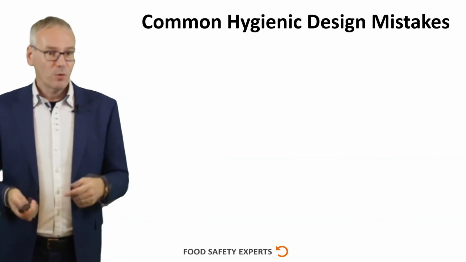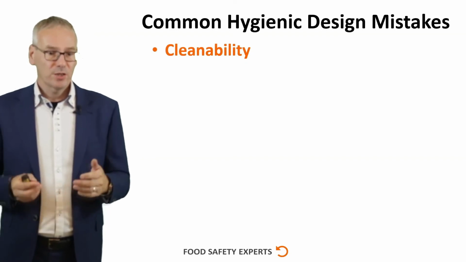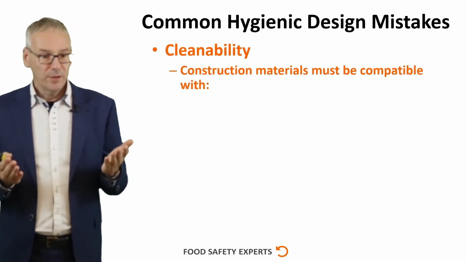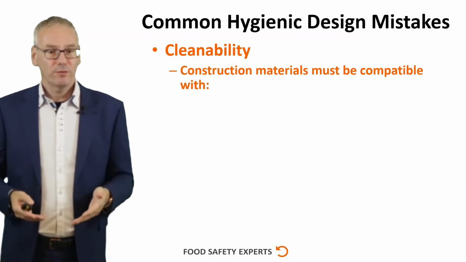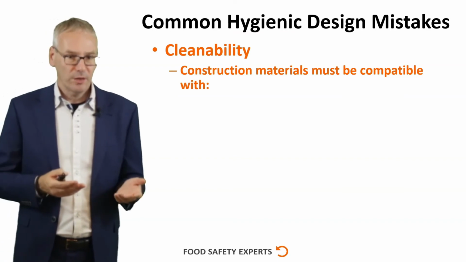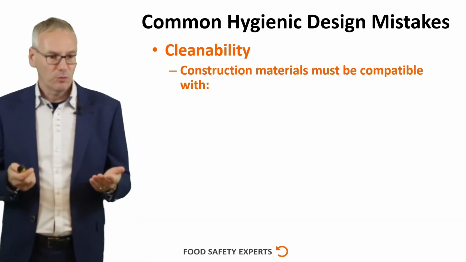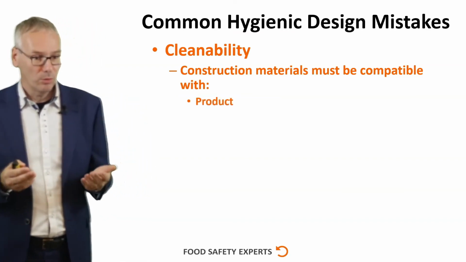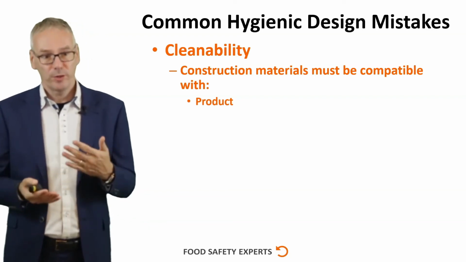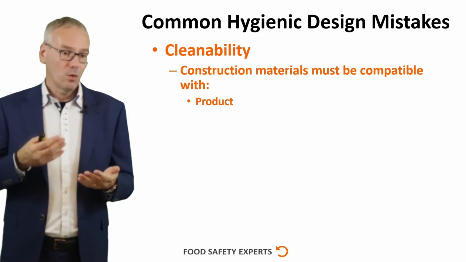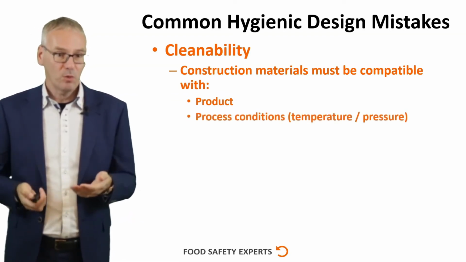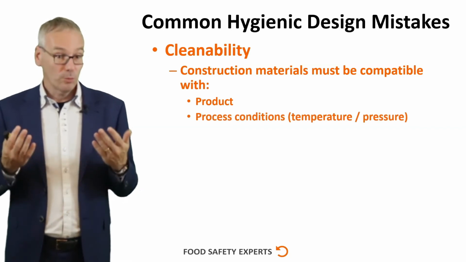Another area of common hygienic design mistakes is cleanability. And cleanability really starts with the construction materials that are used in your site. Because first of all, of course, they need to be compatible with your product. Sometimes you might have food products which are slightly acidic or more alkaline, and that requires a different type of material. Also your process conditions.